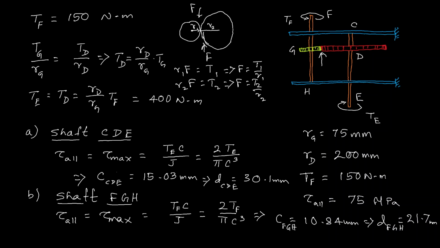Suppose from deflection the requirement for D of FGH comes out to be 25 mm, then you have to go for 25 mm, otherwise it will fail in deflection. So that is a problem on torsion. In the next segment we will see another problem on torsion.